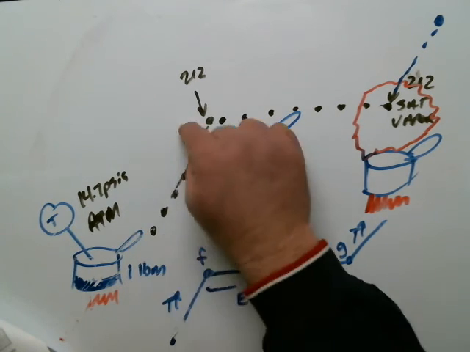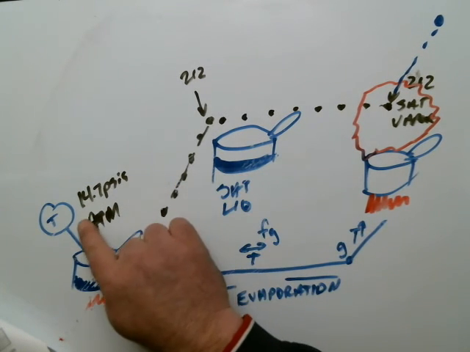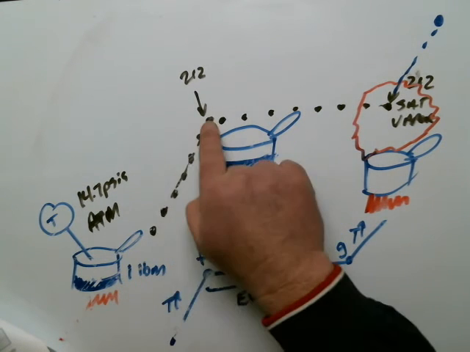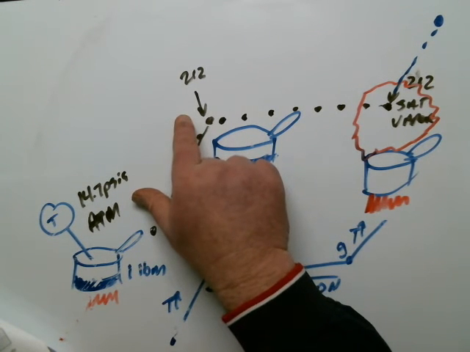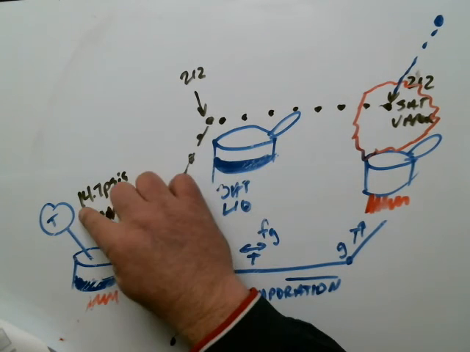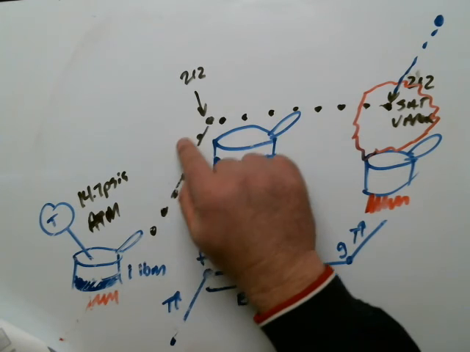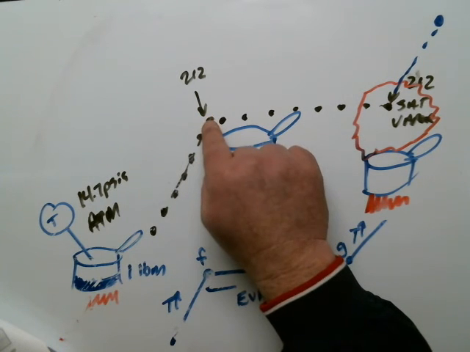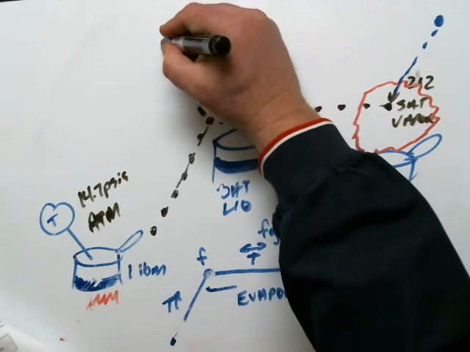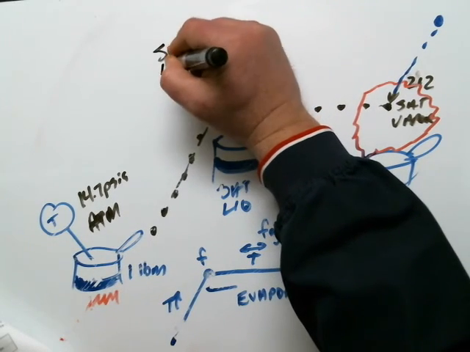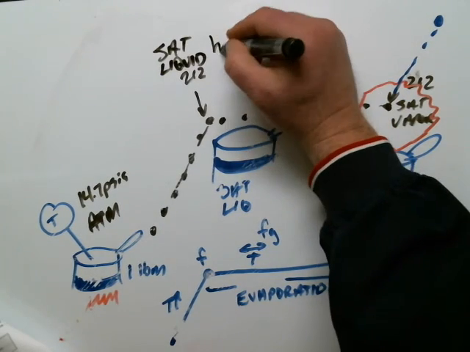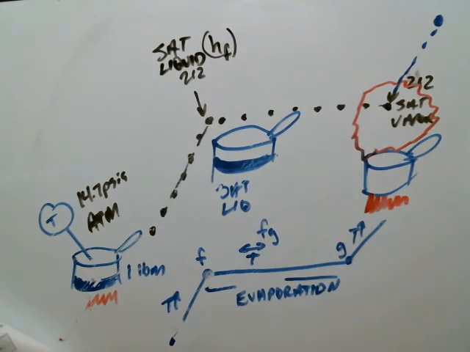We call that a sensible heat addition. When you see temperature rise from, say, 60 degrees to 212, that's a sensible heat addition. A thermometer is placed in the pan, and we'll see that temperature rise at atmospheric pressure till it gets to that point right there, which becomes a saturated liquid. We have to look for that phrase when we're looking at questions. F point, that's its enthalpy at that point.